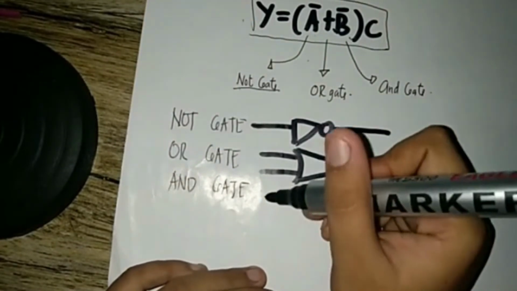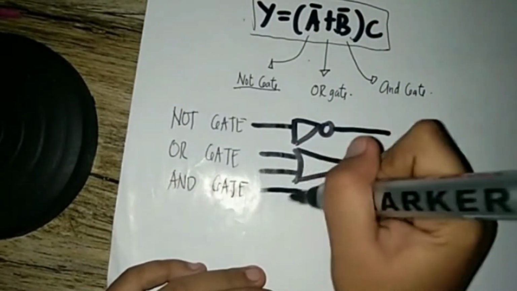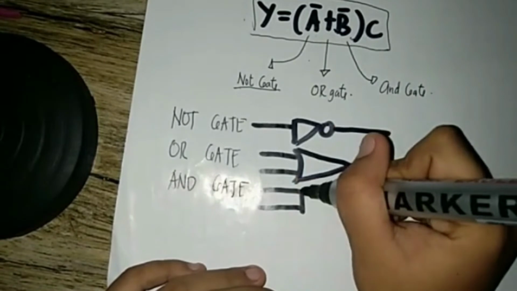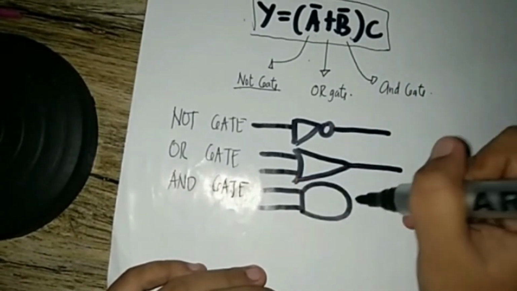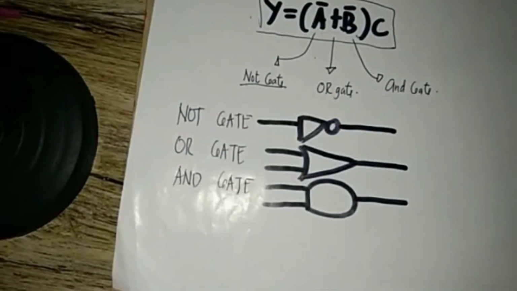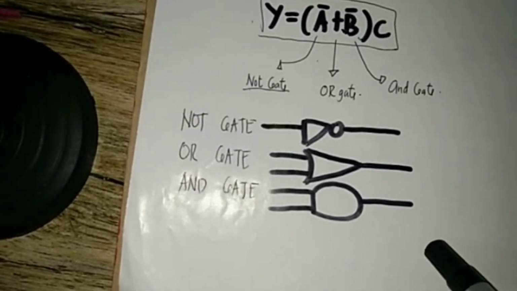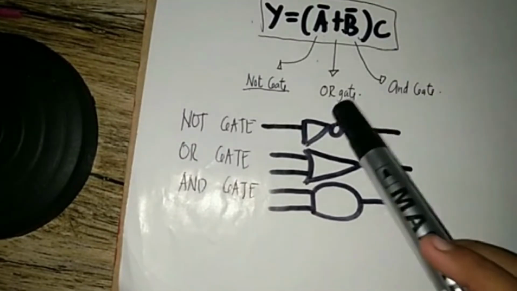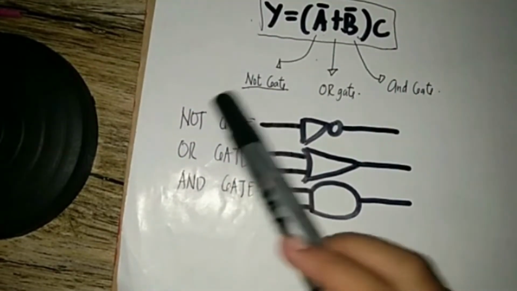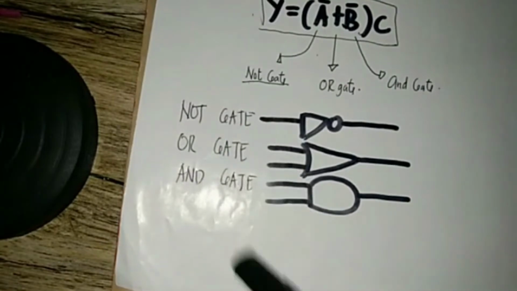And the last is the AND gate. So these are the symbols or designs of the NOT gate, OR gate, and AND gate. These belong to the basic logic gates.